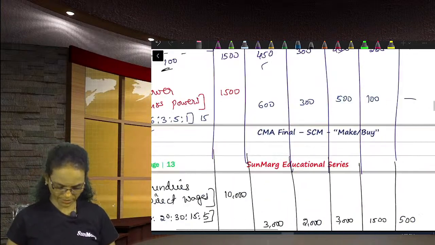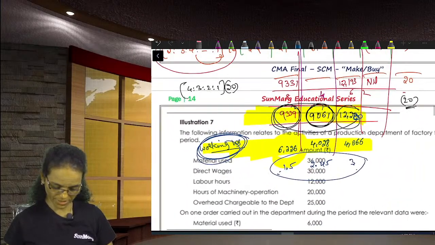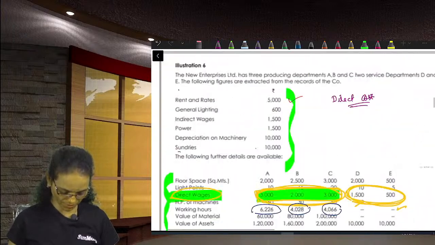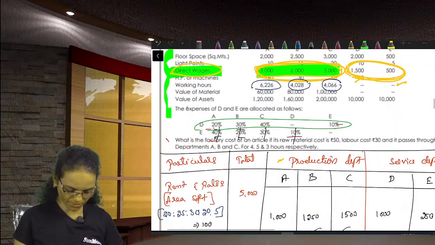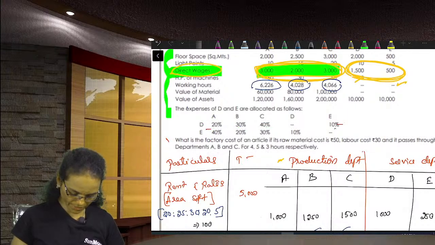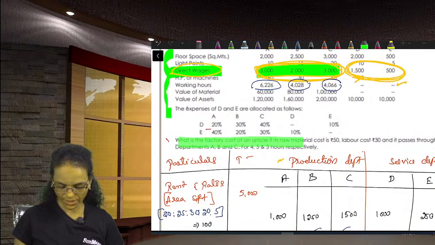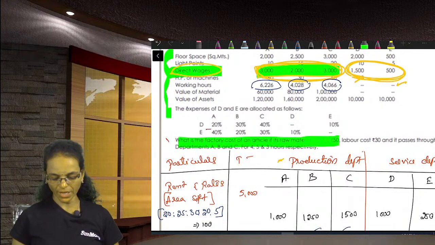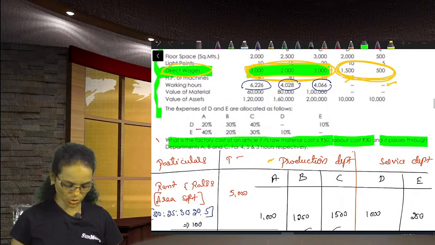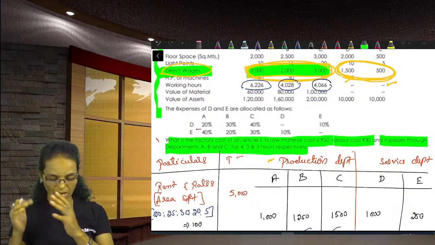Okay, charging is low actually. Okay, you understood, right? Now we need to calculate this one: what is the factory cost of an article if its material cost is 50 and labor cost is 30, and it passes through departments A, B and C in respective hours.